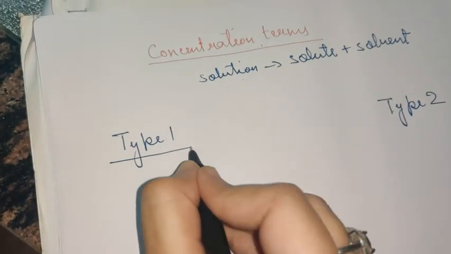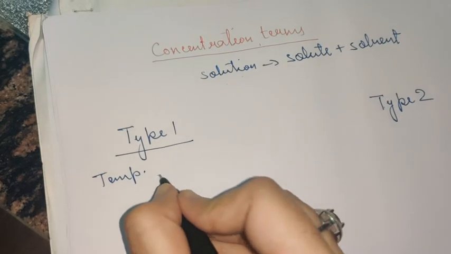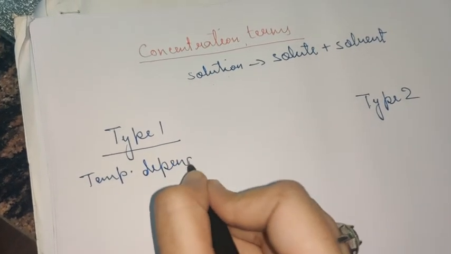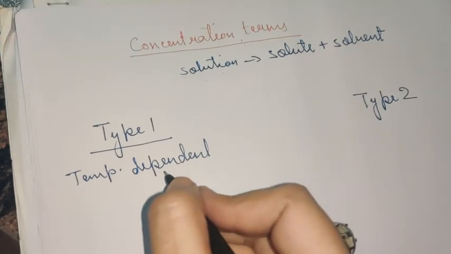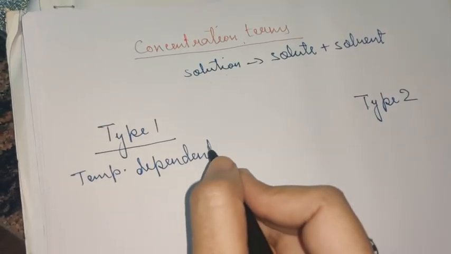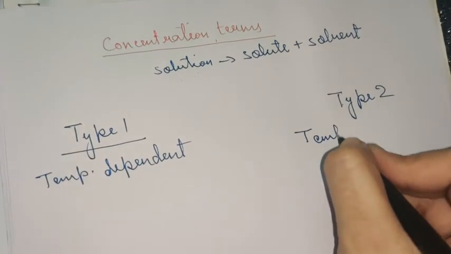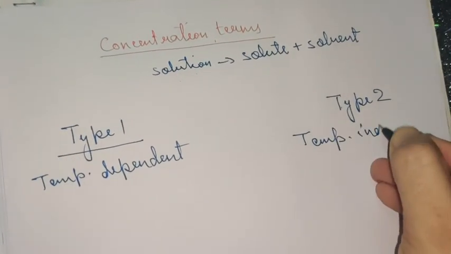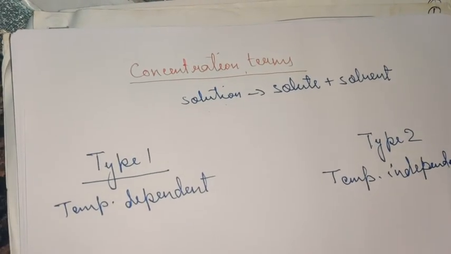Type 1 is the one which is temperature dependent, which means it changes with change in the temperature. This is type 1. And the other category is temperature independent. That means it does not depend upon the temperature change.